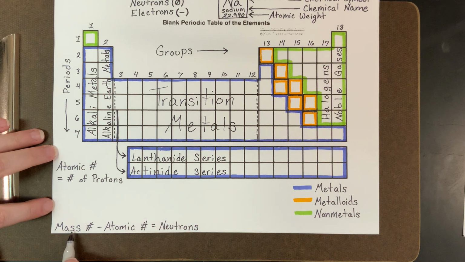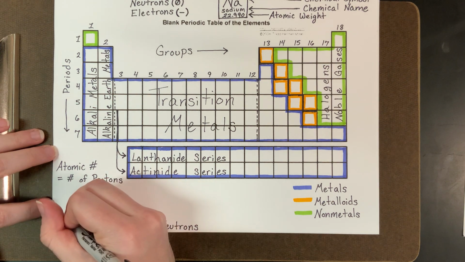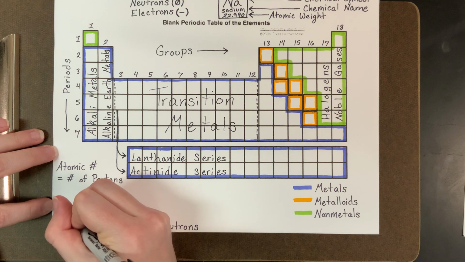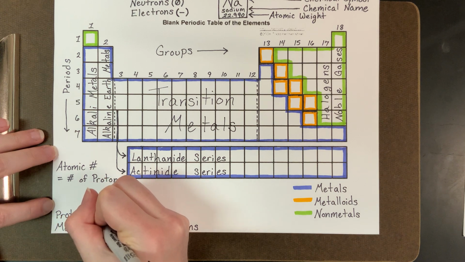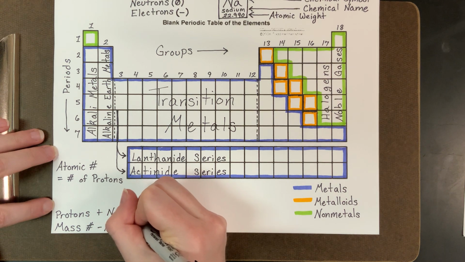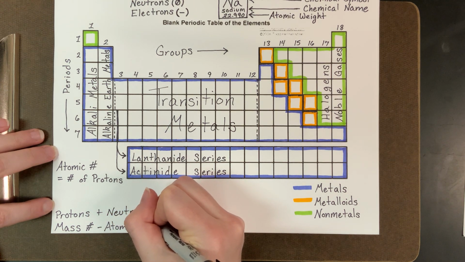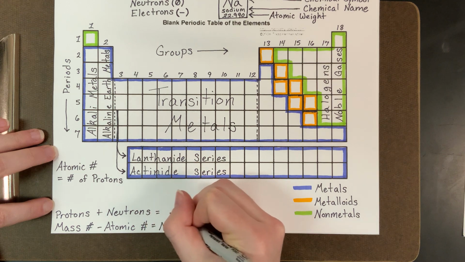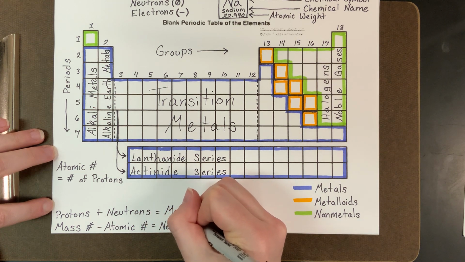If I'm looking for the mass number instead, I can say that protons plus neutrons are equal to the mass number.